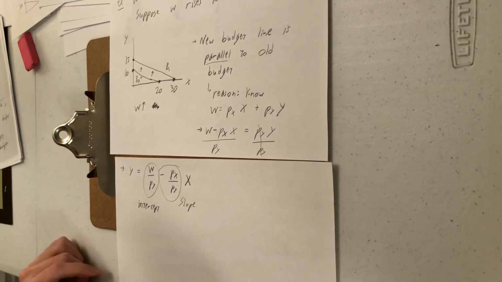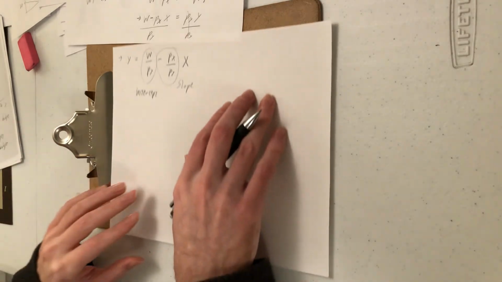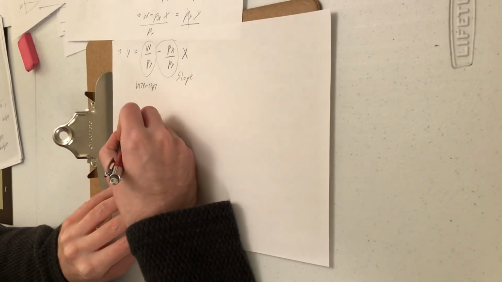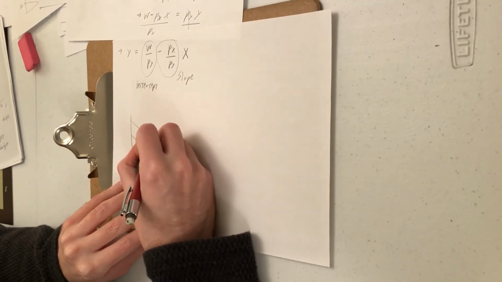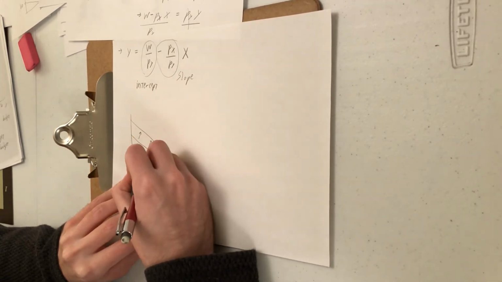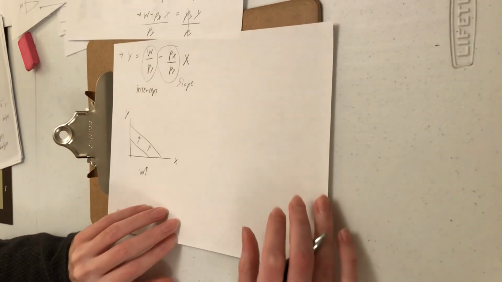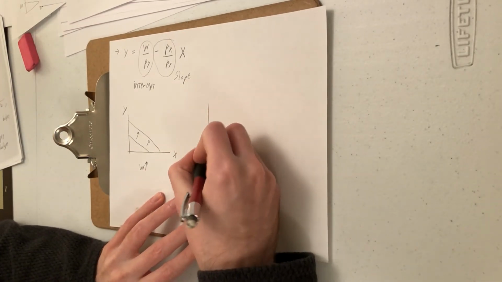So wealth changes give you parallel shifts. So that means if your wealth goes up, your budget line is going to look like this. If your wealth goes down, it's going to go in the opposite direction.